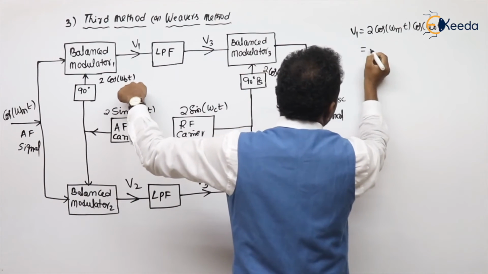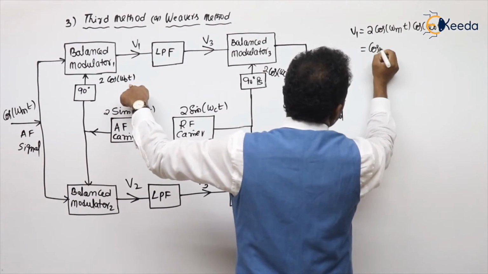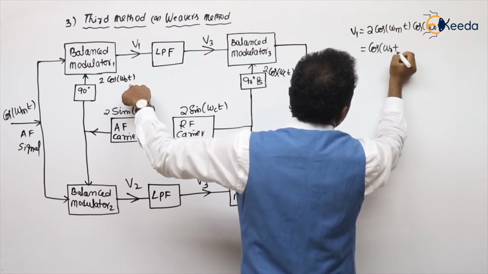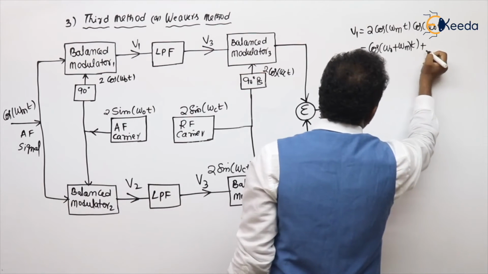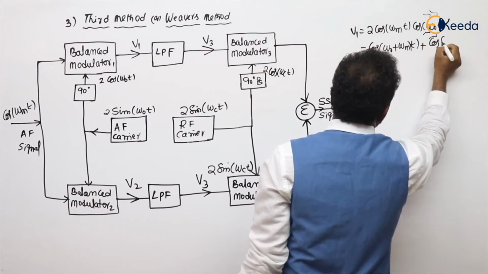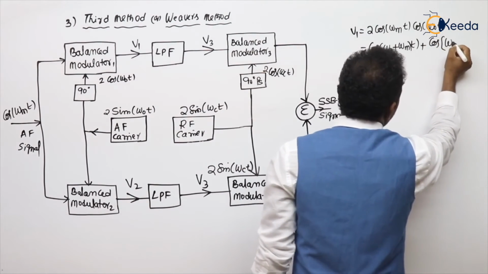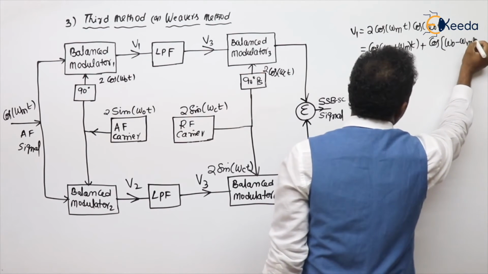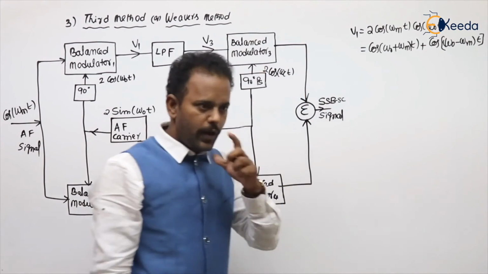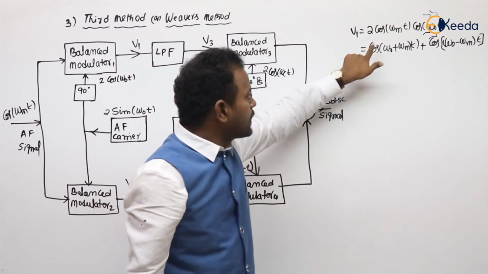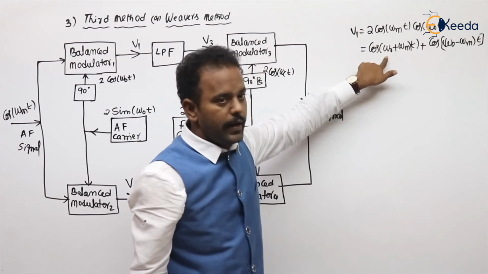Cos A into cos B formula means cos A plus B, omega naught plus omega m t, plus cos A minus B, so cos omega naught minus omega m t. Are you following my point or not? It's the cos A into cos B formula applied.